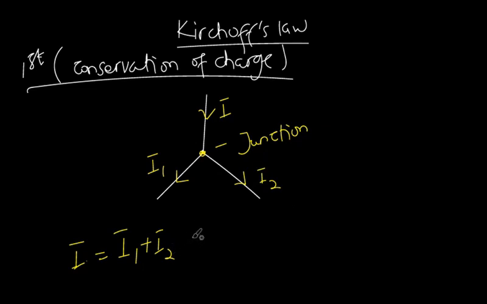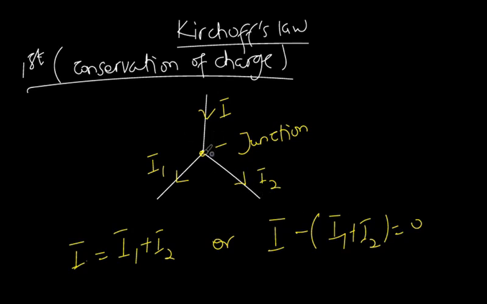Okay, now the second one is telling us what? The algebraic sum of the current at a junction is equal to 0. So if we rewrite this, if we bring I to the other side of the equal sign, we have I minus (I1 plus I2) is equal to 0, which means the current at this particular junction is 0, because the one that is arriving is the one that is being split into two.